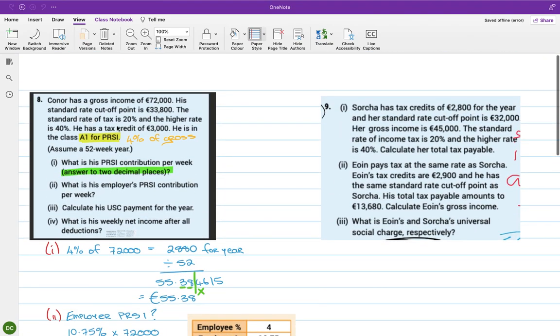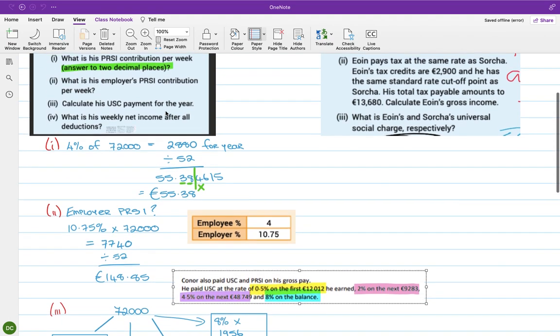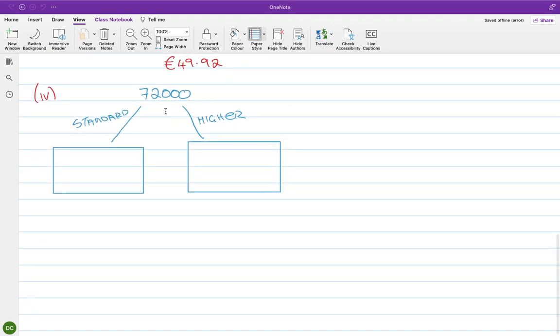Where is it? 20% of 33,800, and then 40% of the rest. So I need to do 72,000 minus 33,800, and the rest is 38,200.